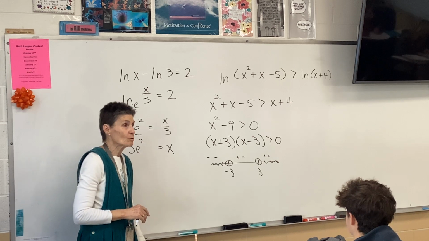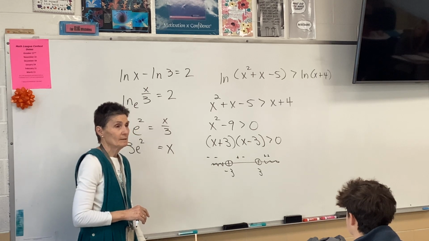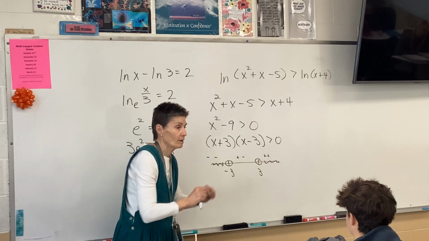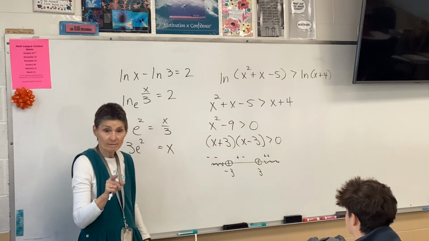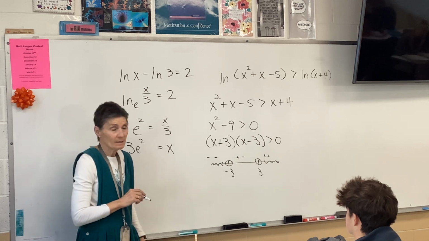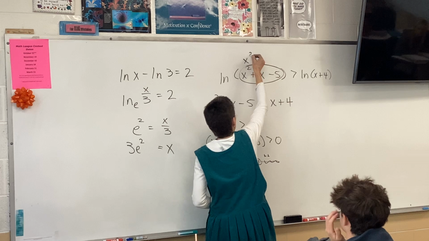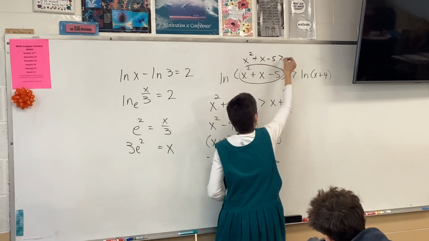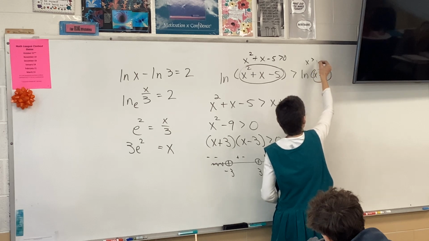All right, now what else do I have to think about? Something really big. Some of us blew it on our last quiz. Oh, by the way, I need to turn those back, don't I? I'll do that. What can't be negative? This guy right here has to be bigger than 0, right? And so does this.